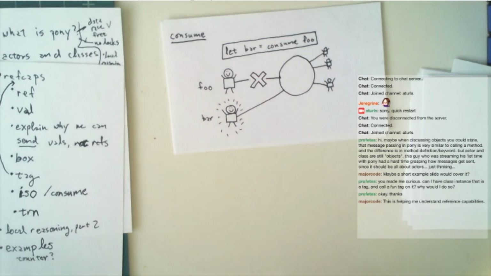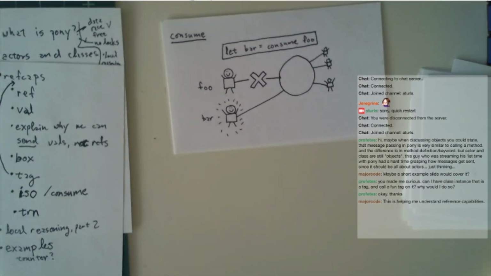If you remember with trns, because the trn says there may be other readable references to this object, but I am the only writable reference. If you consume a trn, it's kind of like consuming an iso, but you're a little more restricted because there still could be readable references out there.